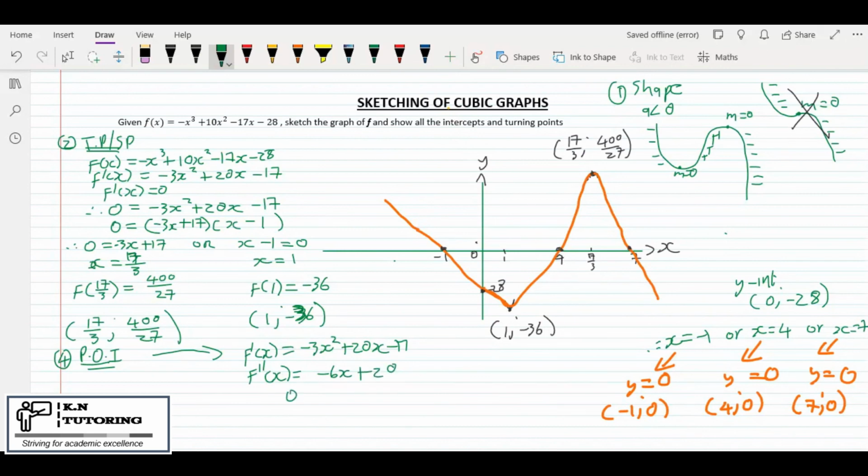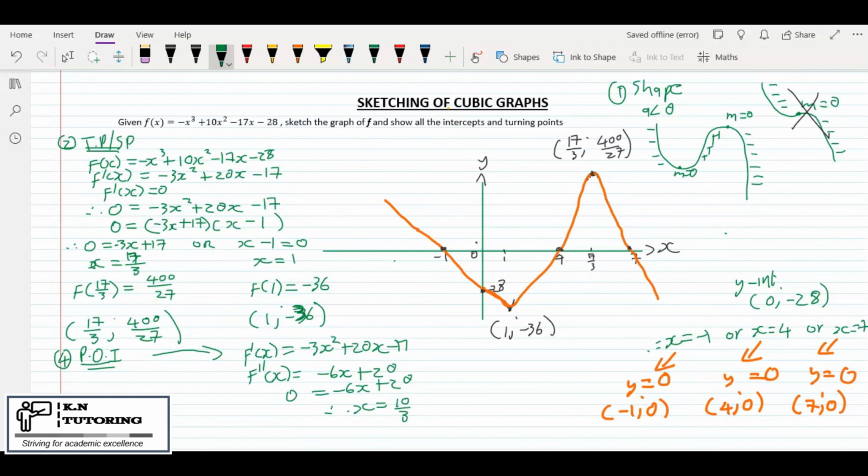Then I equate this to 0: 0 is equal to minus 6x plus 20. Therefore, x is equal to 20 divided by minus 6, which simplifies to 10 divided by 3.